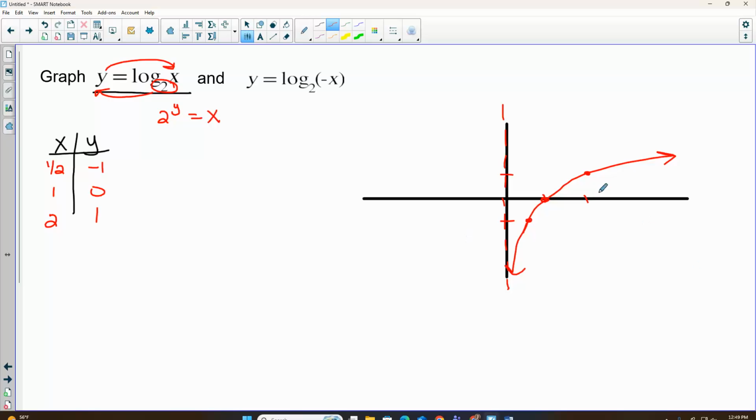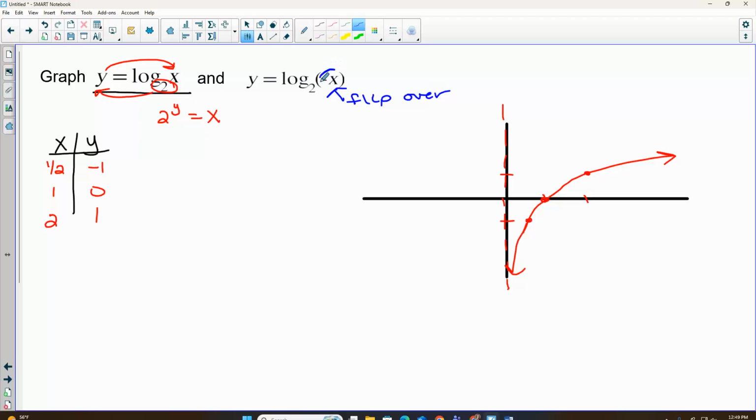It's always, for a log, the y-axis, because you'll never be able to do 2 to a power and get 0. So it will always be on the y-axis, unless I move it left. If it's a log, then we would use that as a parent function to get any other. So if I ask for log base 2 of -x, if my x is negative, what does that do to the graph? Over.